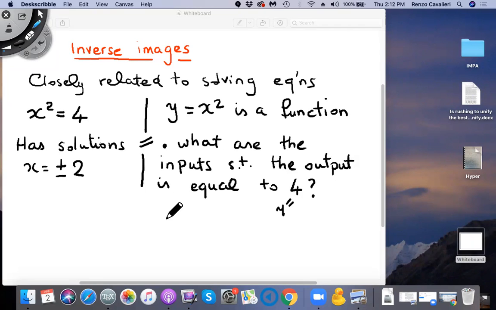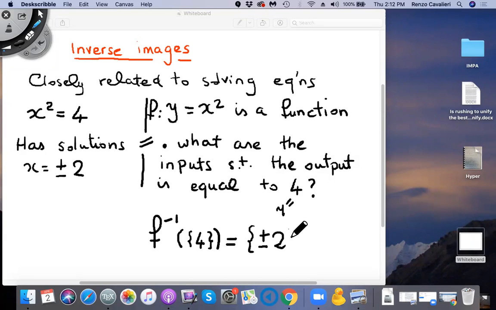So if we call this function f, our new language to describe this situation is that the inverse image of the element 4 is the set consisting of two elements, plus or minus 2. Okay?